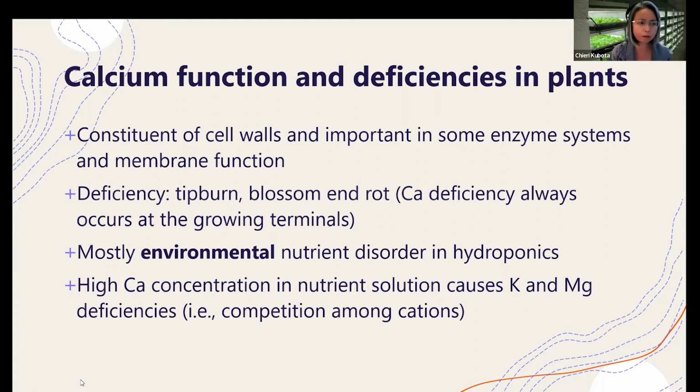The typical mistake I have seen among growers who don't know what is causing calcium deficiency in the growing shoot tip is that growers tend to put a higher concentration of calcium in the nutrient solution, and then cause different issues such as potassium or magnesium deficiency, because those are all cations, and cations tend to compete with each other to get absorbed by the plants.